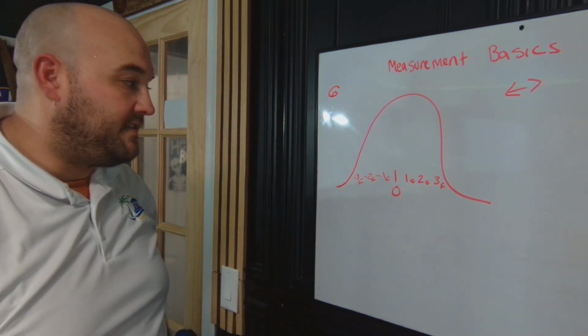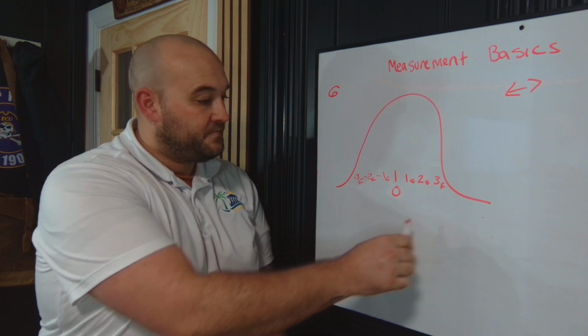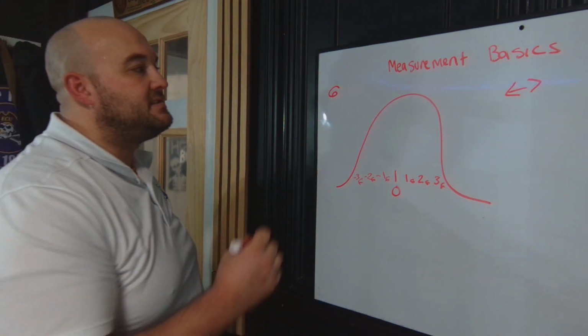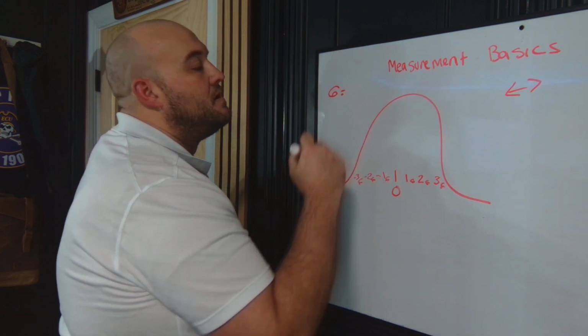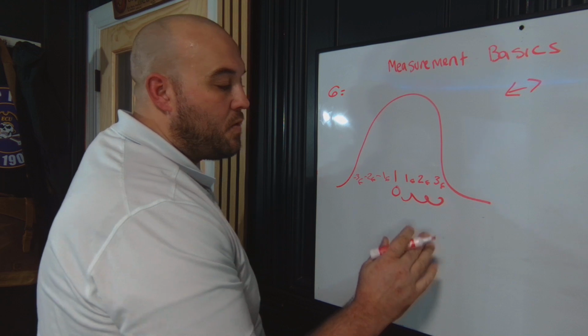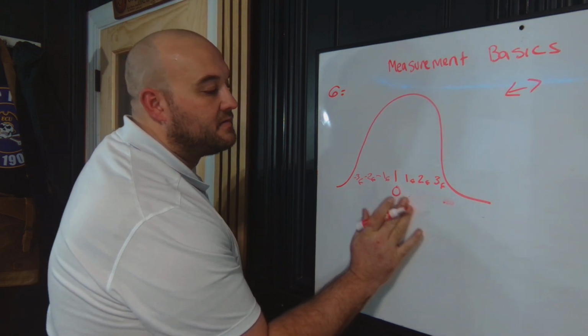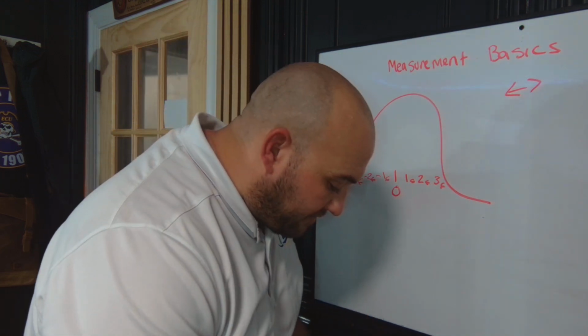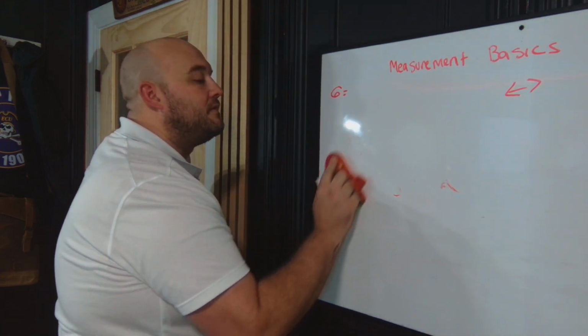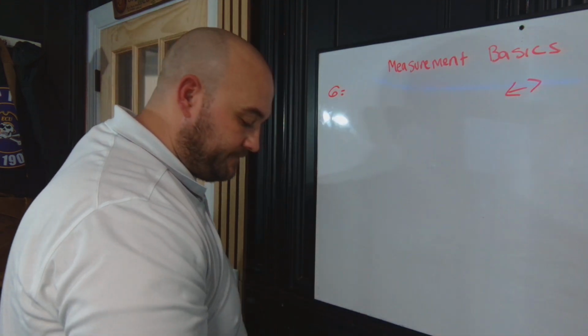Right, and I have the sigma values here. Just like I said, sigma lets us know how far we are away from the average. So as we're looking at this, I want to give you the formula for sigma.